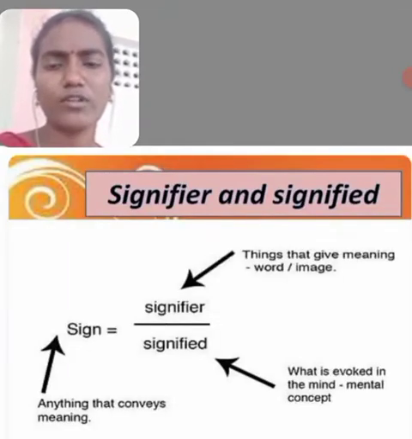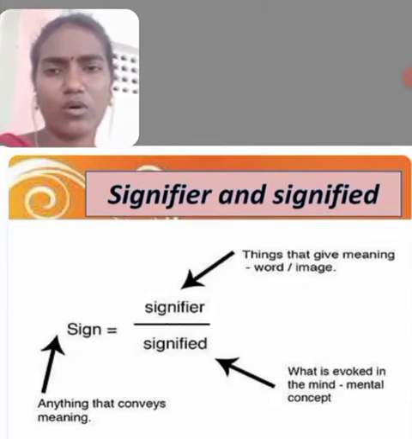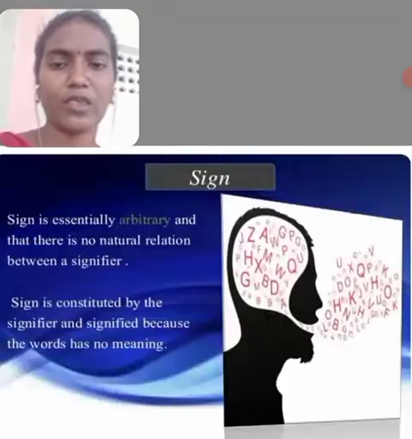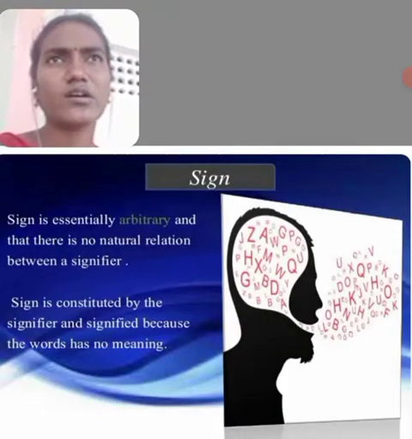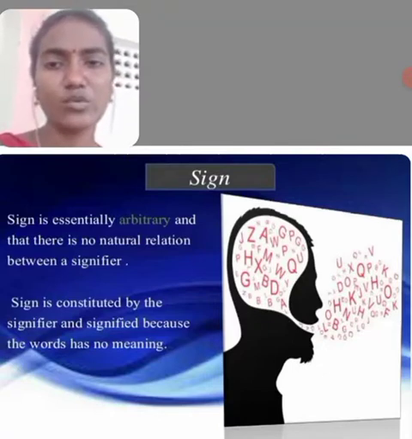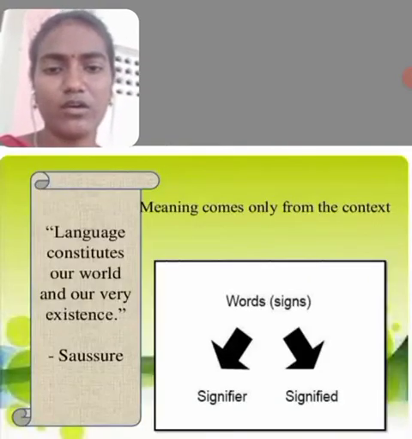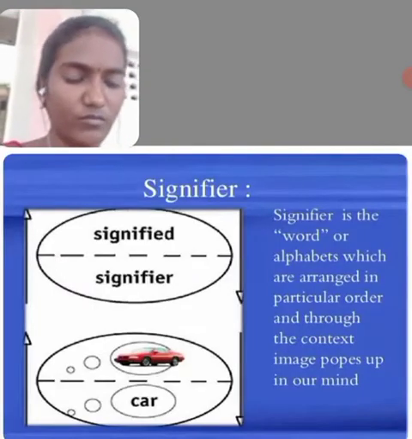It has two components: signifier and signified. A symbol or sign has two parts, one is the signifier and the other is the signified. A sign is a thing which comes from the human brain to denote a particular thing. Here, a car.